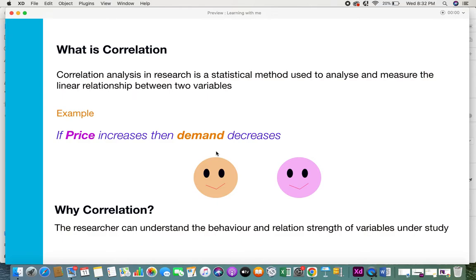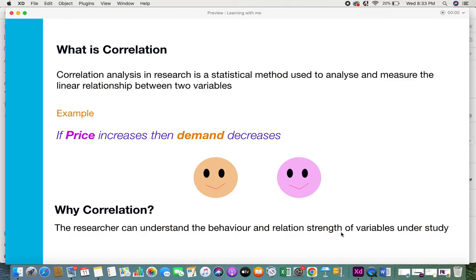So why this correlation is being analyzed and studied is because the researcher will be able to understand the behavior, the relationship, and the strength of the variables that is under study. So that's why we want to study more about the correlations of variables.